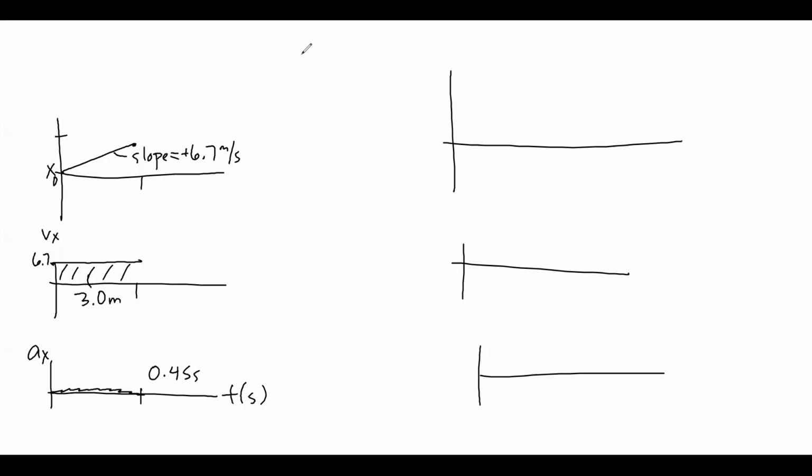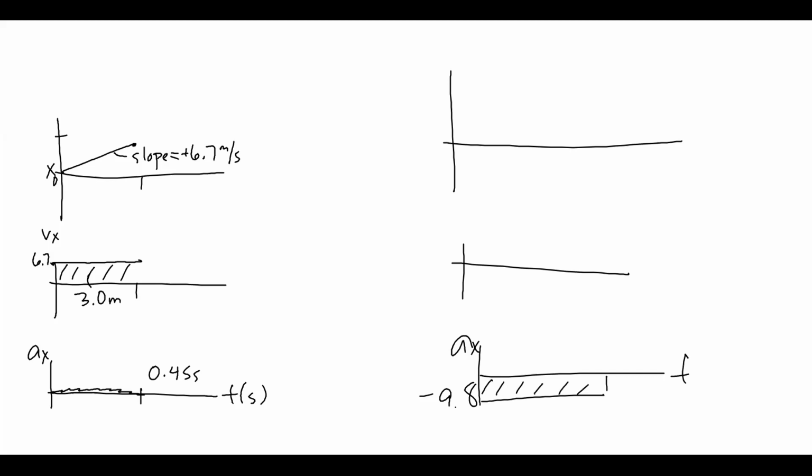Now, what about the y direction? They just don't look like they're stacked up very neatly, but a_y is just going to be minus 9.8 meters per second squared. Again, it's t. What's this area?